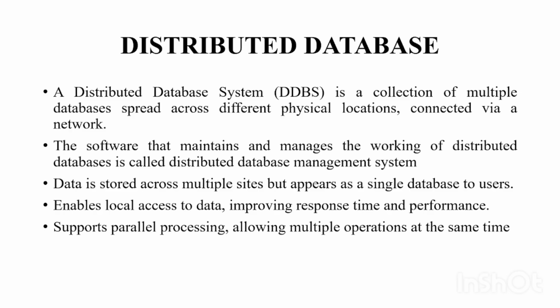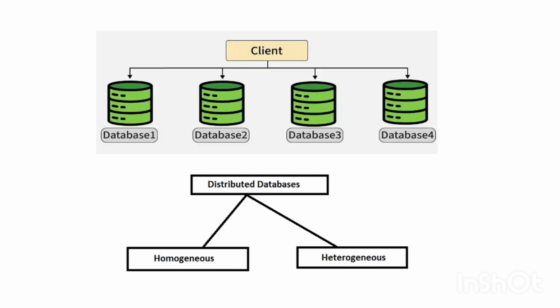Next, take Amazon, Flipkart or Meesho, any online shopping: customer data is stored in one location, product data in another location, and orders somewhere else. But when you use the app, it looks like everything is in one system.